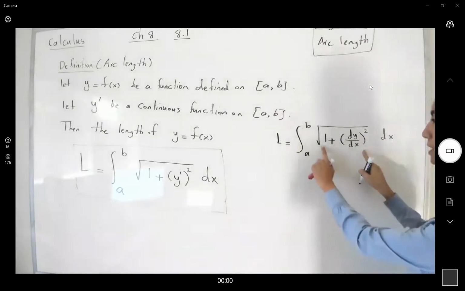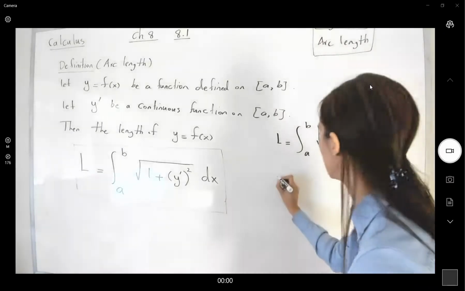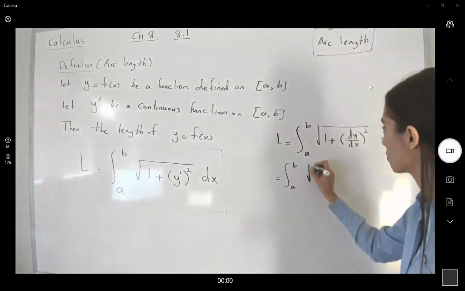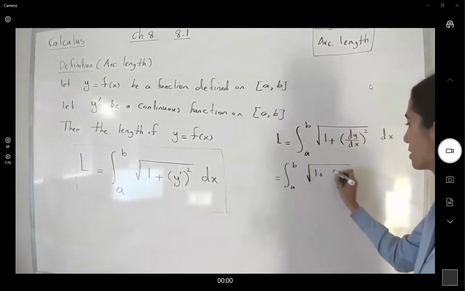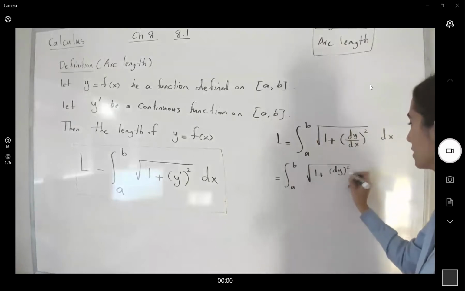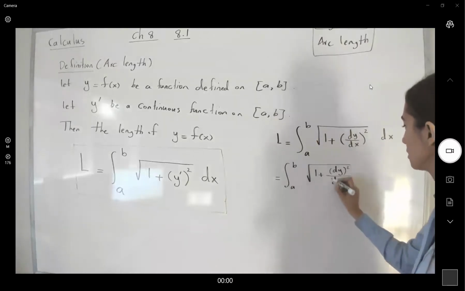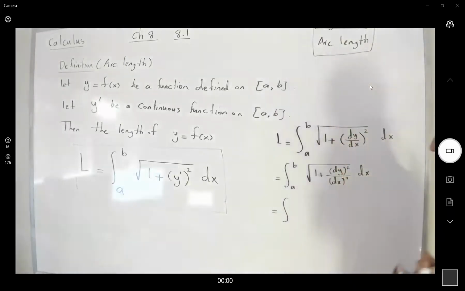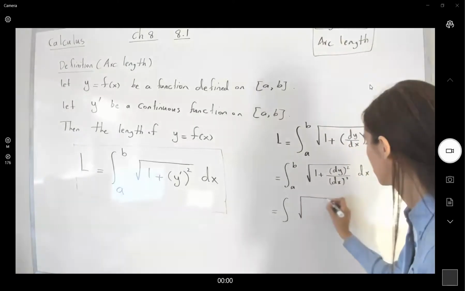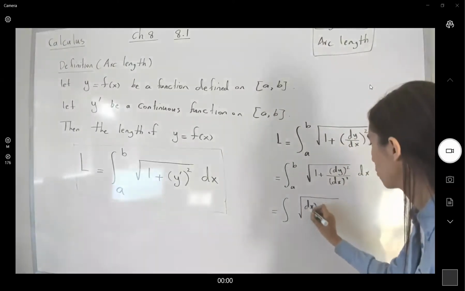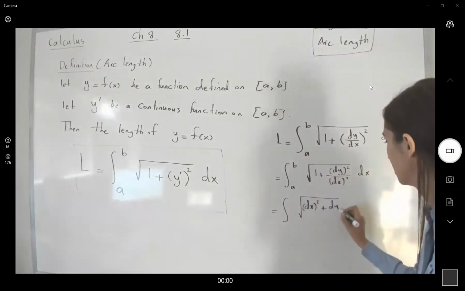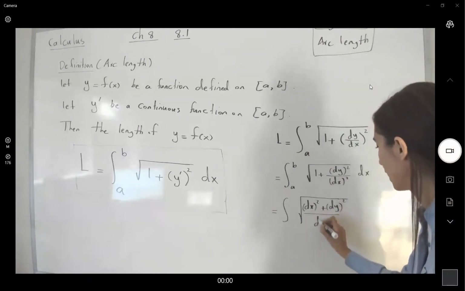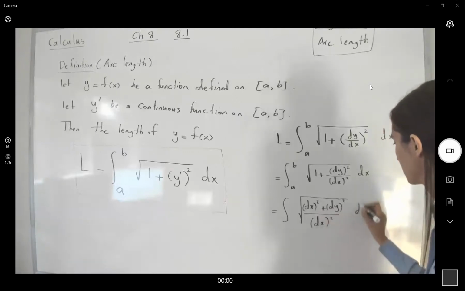Then we're going to simplify this radical this way, which is equal to the integral from a to b of the square root of 1 plus dy squared over dx squared dx. And this is the integral of the square root of dx squared plus dy squared, taking a common denominator, over dx squared, dx.